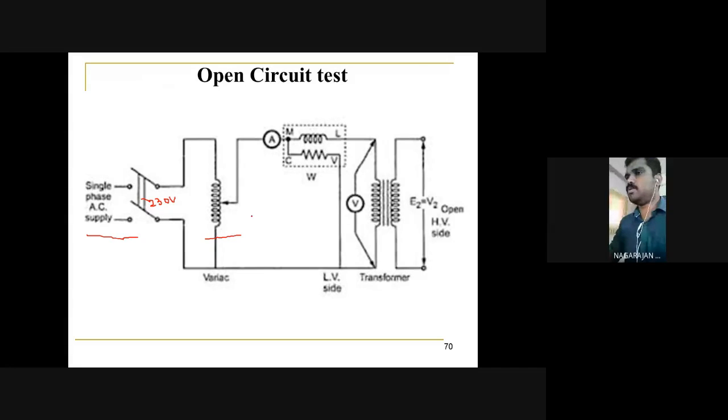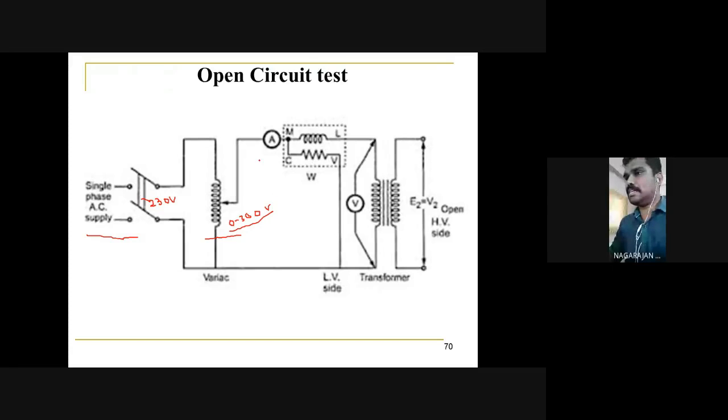From the auto transformer you can receive 0 to 300 volts, so I can vary the voltage from 0 to 300 volts. I'll explain the working of an auto transformer in later classes, because that comes under module 2.